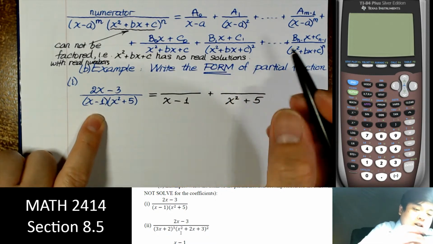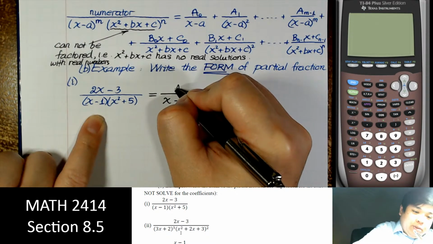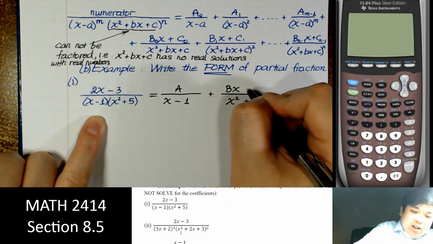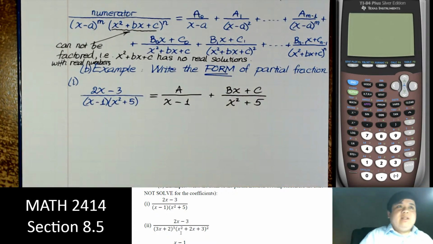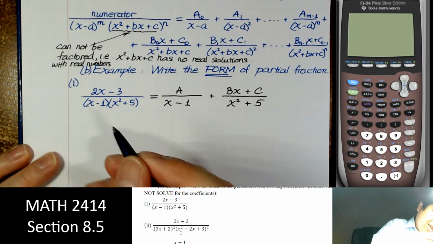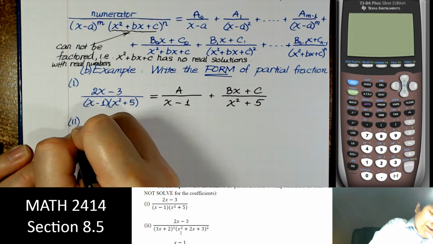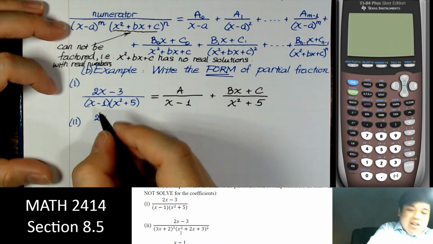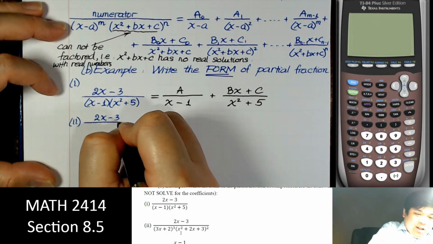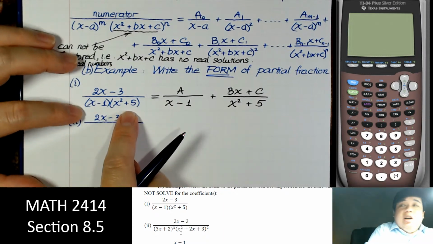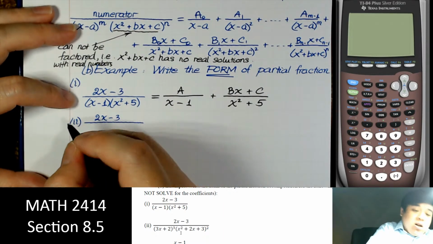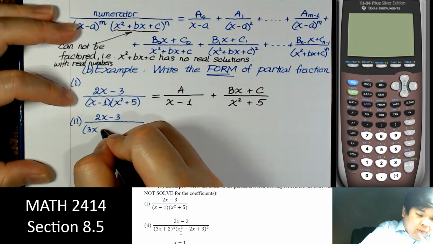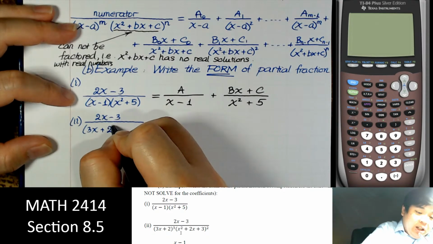If it is x minus 1, the top will have no power, just a constant. If it is a quadratic, the top will be a linear function, meaning a function of x. Usually we cannot have too much of this. The denominator will not be that complicated, because if it is, we have a bunch of coefficients that we have to solve for, and that will be very complicated.